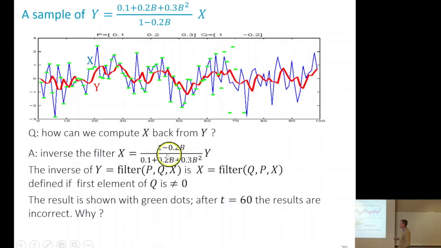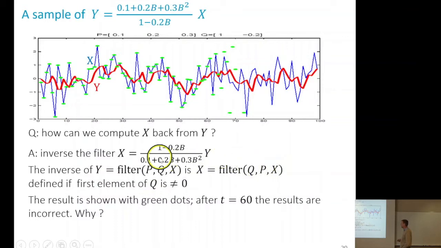Well, it is the inverse of something already, so it is obviously invertible. And the inverse of f over g is g over f. So I can take the inverse of the filter PQ by doing filter QP. The only thing to verify is that the first coefficient of P is non-zero.